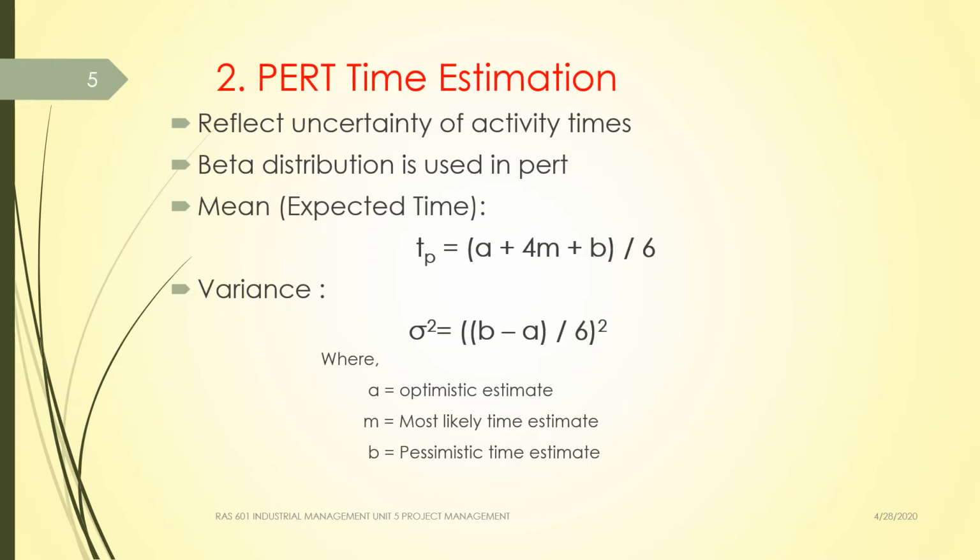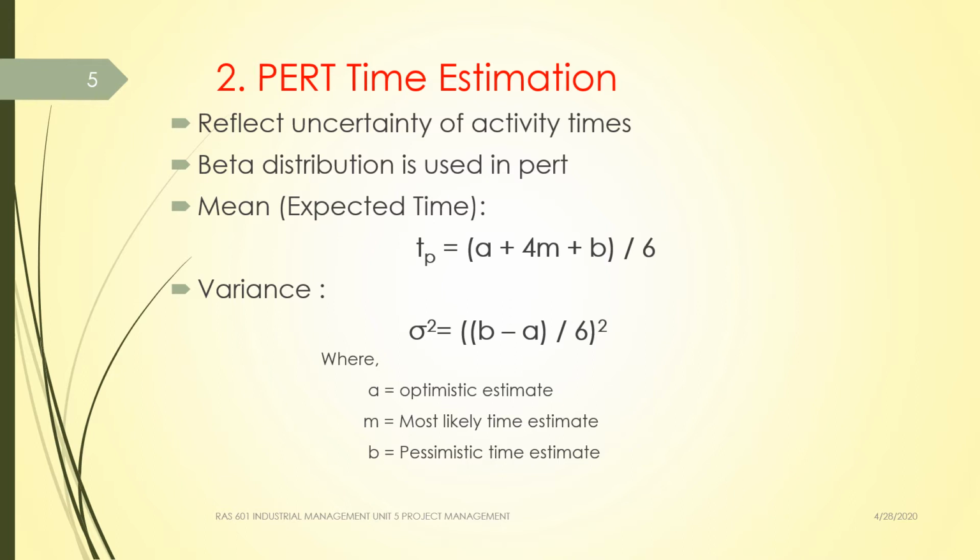In the next slide, as I told you earlier, PERT is a probabilistic time estimate based technique, and here the activities and the time taken in activities are not certain, and beta distribution is used to calculate PERT.